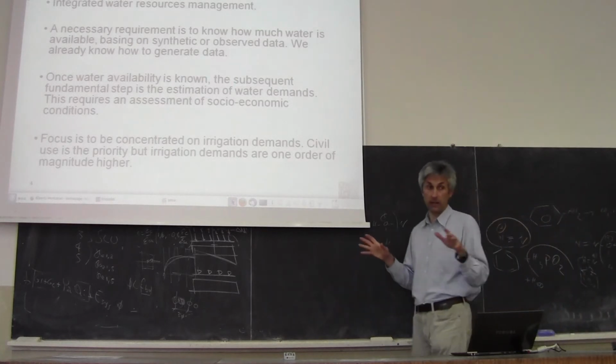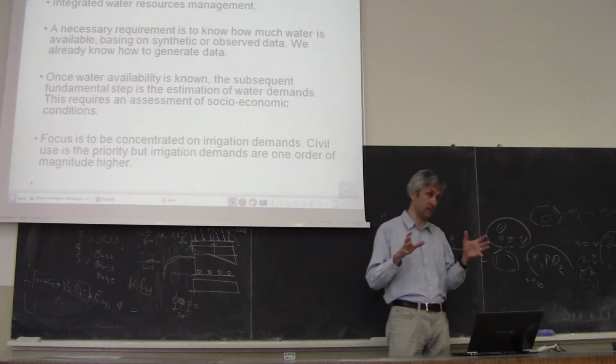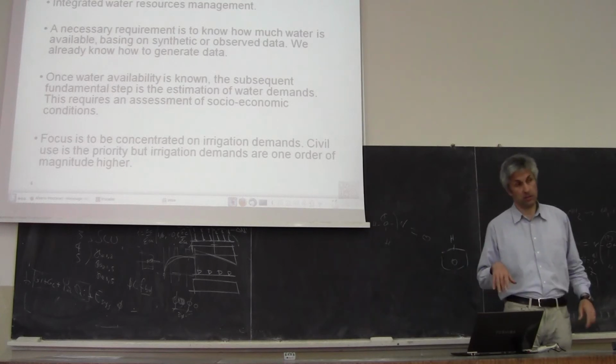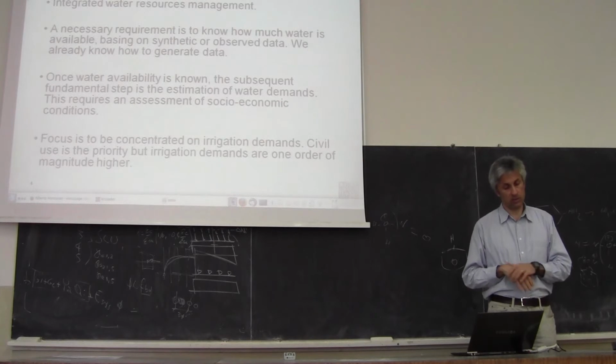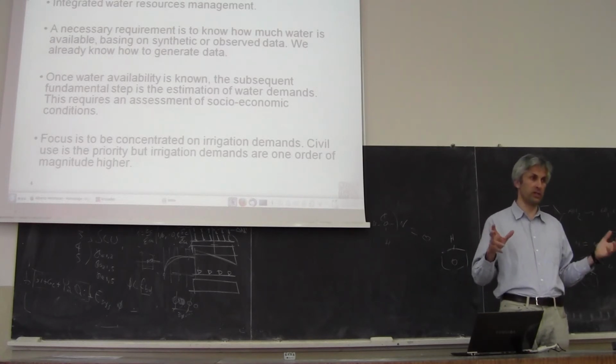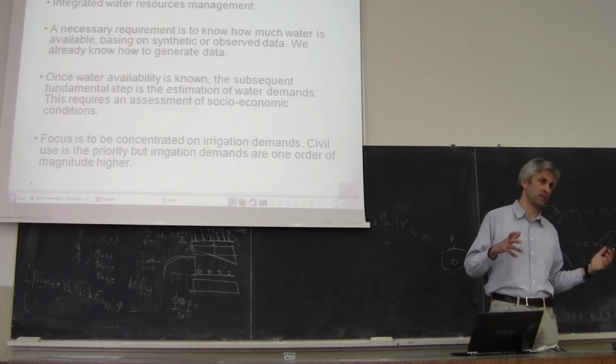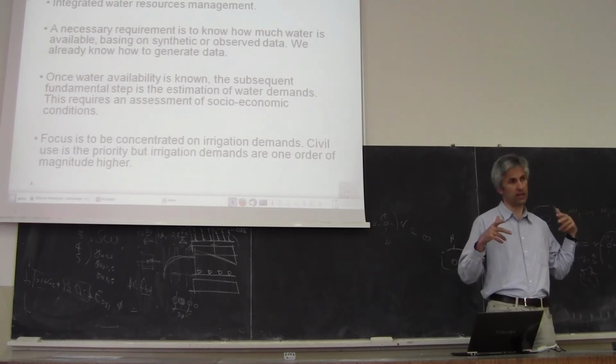Let's suppose that we know the number of people. What is the water demand? Just to give an order of magnitude. First of all, the water demand for civil use is different from the water demands for industrial or agricultural use.